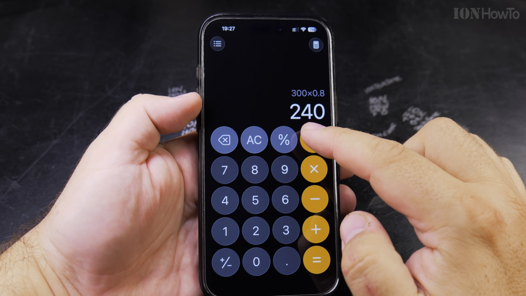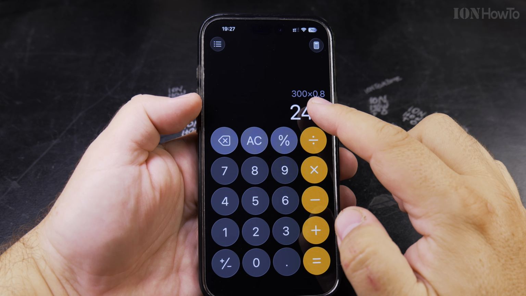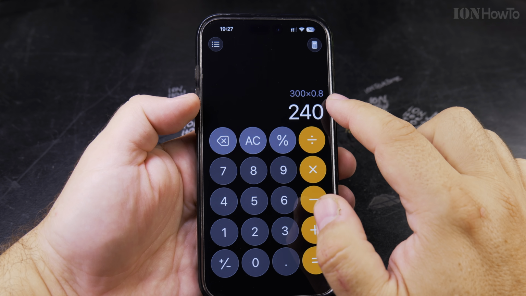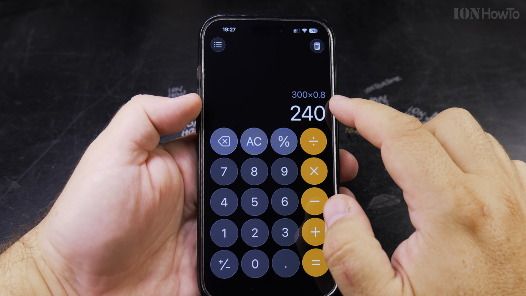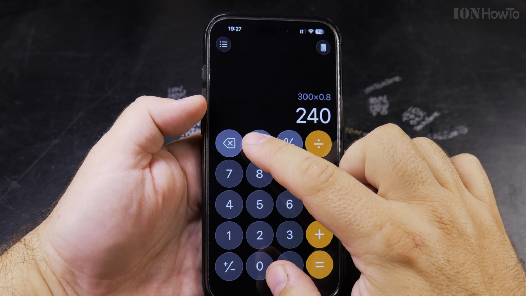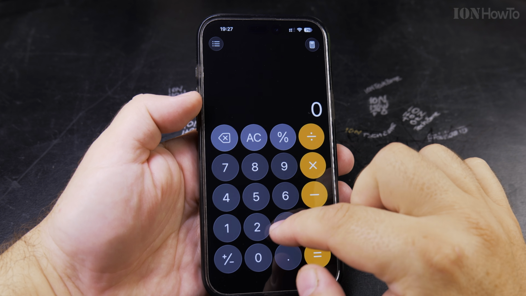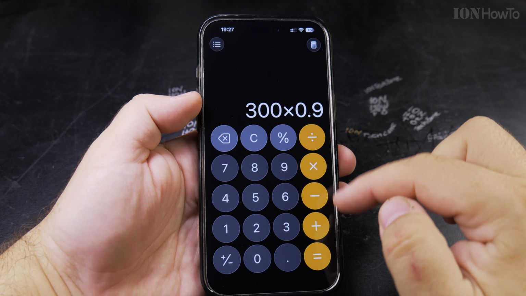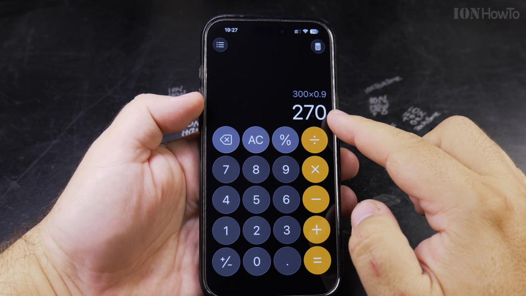It's 60 less than 300, the same way it was 60 more than 300 before. 0.8 is minus 20% from 300. And if I multiply 300 by 0.9, that's minus 10%, 270.